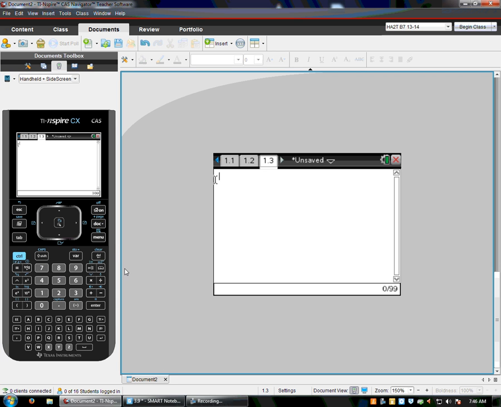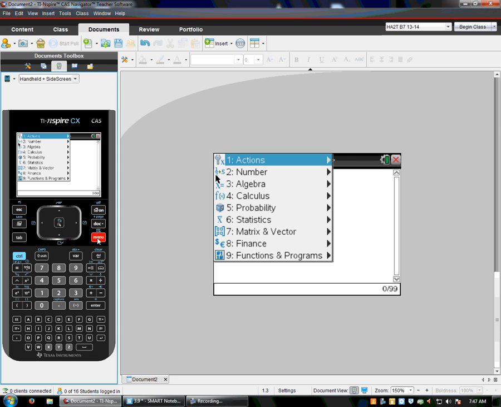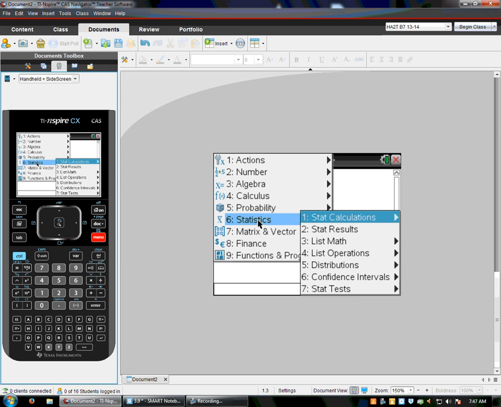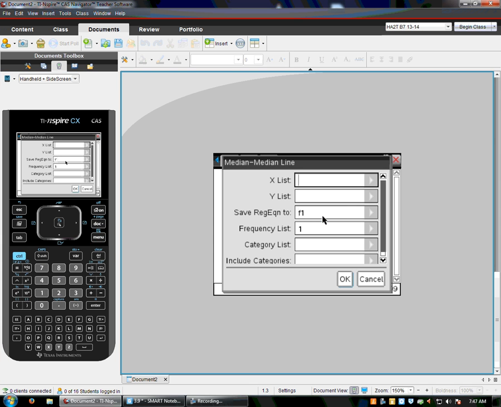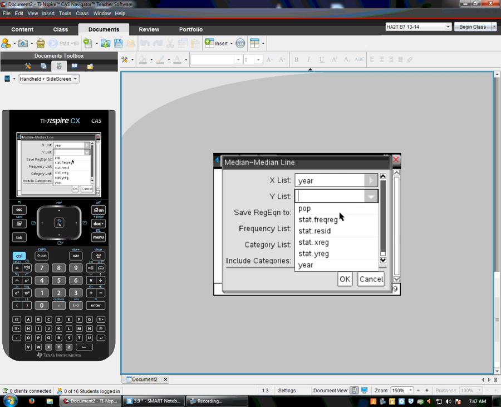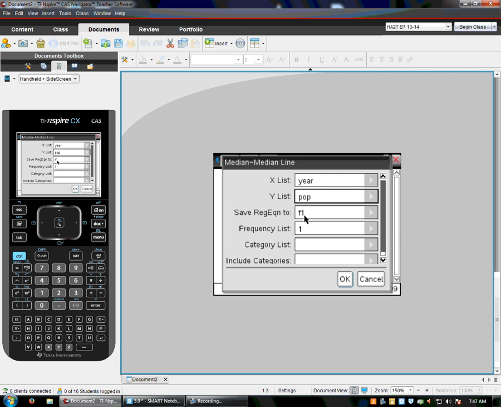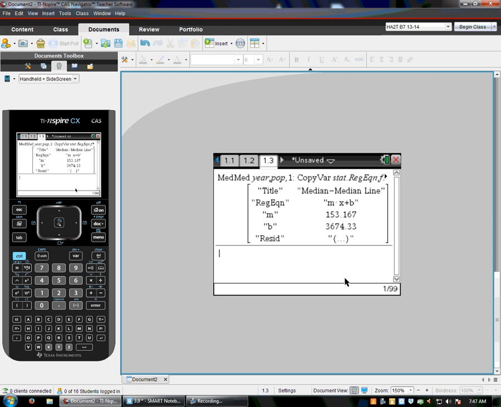Right here, before we type anything in, we push menu again, go to statistics, stat calculations, and we want to choose our X list, which is year, and our Y list, which is population, and we want to save it to some function. So we're going to save the regression equation to F1, say OK.